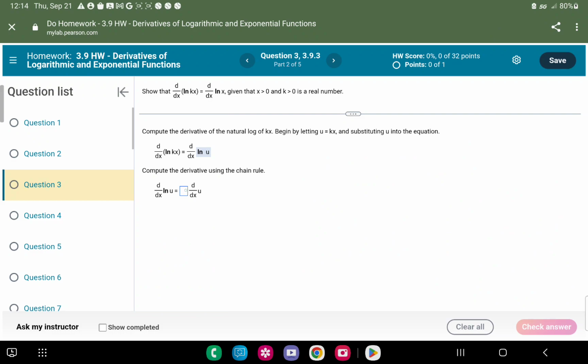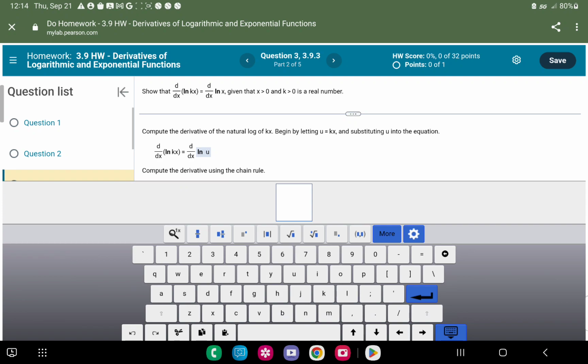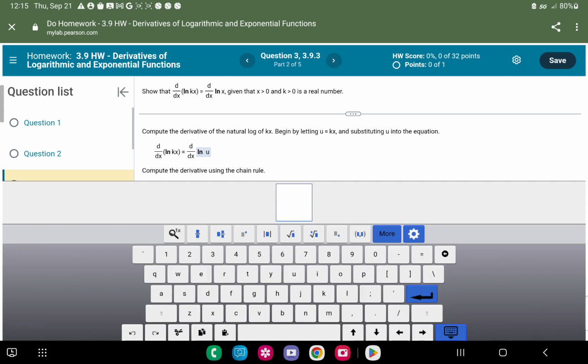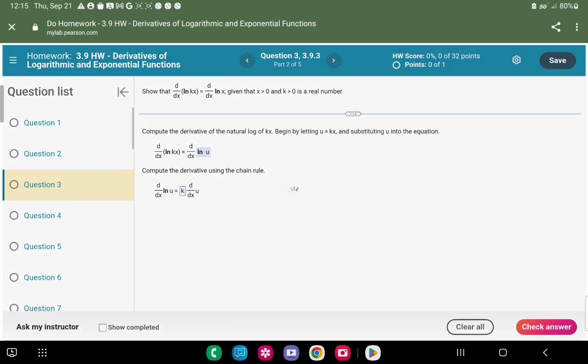Let's see if I can get that in there. Of course, it wants us to go step by step here, so that's a bit of an issue. This is going to be k. That's incorrect. Compute the derivative using the chain rule.